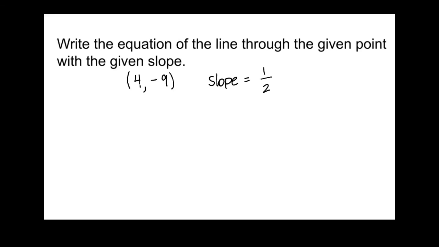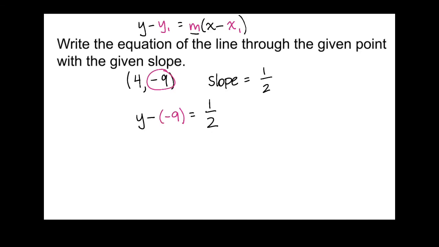All right, so another one just to show you how it works. Again, it's y minus the y value equals m times x minus the x value of the point. That's the reason we have these subscripts, just to remind you that it's the x value or the y value. So it's y minus the y value, which is negative 9. I'm showing you me doing this without a shell, equals the slope.